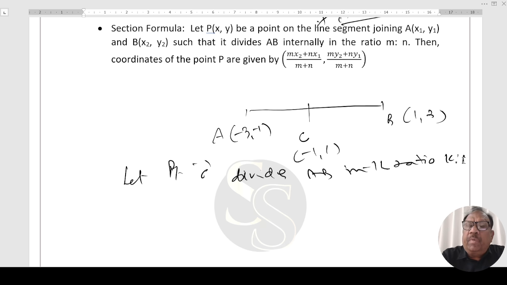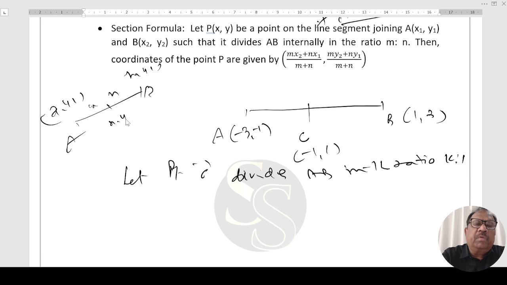Now we will apply the section formula. For A, B with (x1, y1), (x2, y2) divided in the ratio m is to n, the coordinates (x, y) are given by this formula, right?